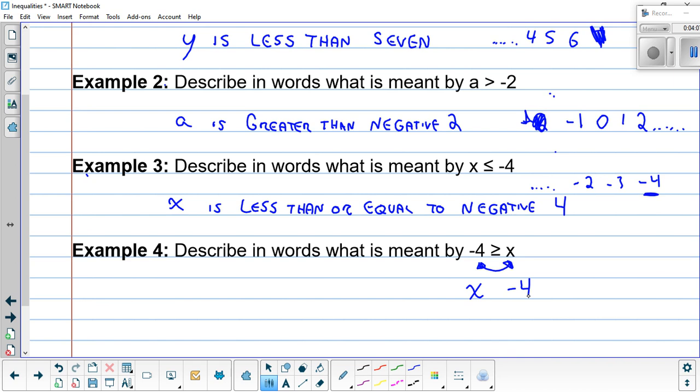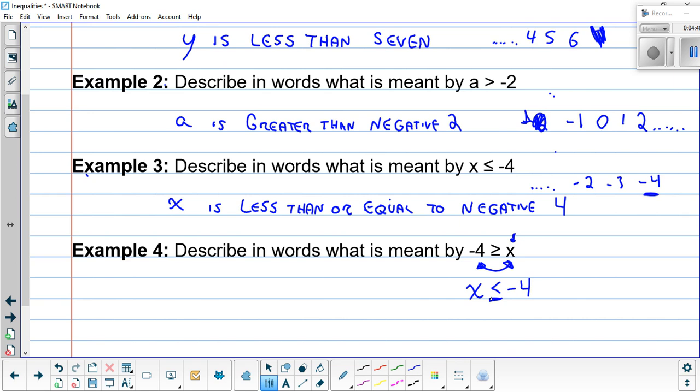If -4 is greater than or equal to x, that means x has to be less than. Or if you want to just look at where x is, you can define it by the little point of our operator pointing towards it, so x is less than or equal to -4. I just like switching them around, and typically when you answer problems, they're going to be stated as x, y, z, a, b, c, and so on, and then their operator.